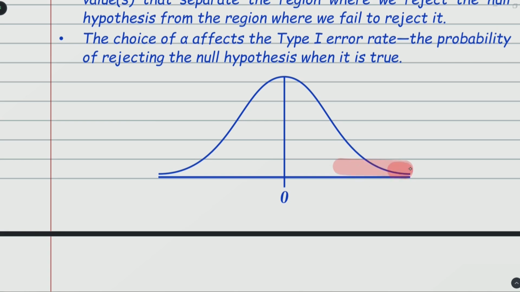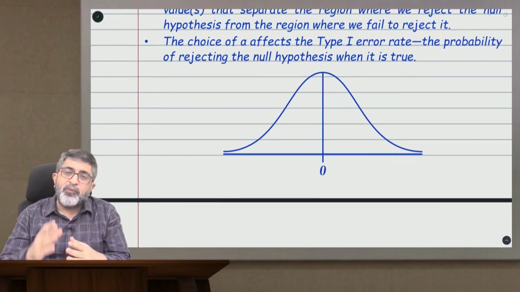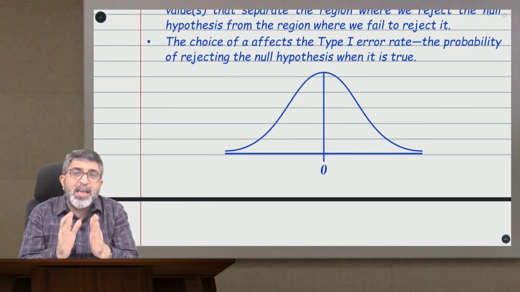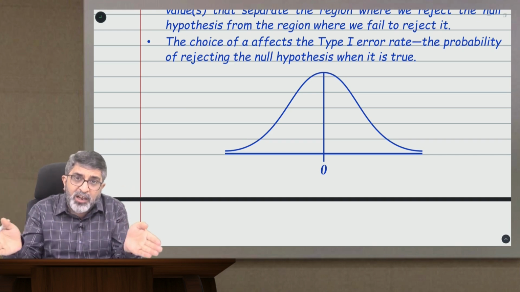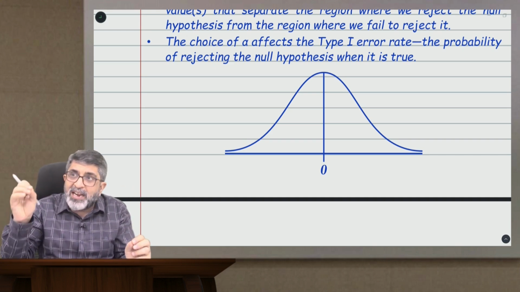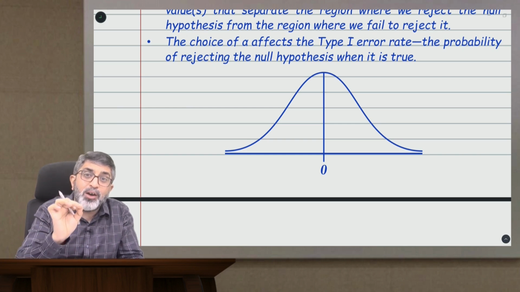Only when it falls in the extreme critical regions on either side, depending on a one-tailed or two-tailed test, can we reject the null hypothesis. So the point to understand is, when you are rejecting a null hypothesis because the test statistic is falling into the critical region, the level of significance defines a probability which indicates that you may still be wrong.